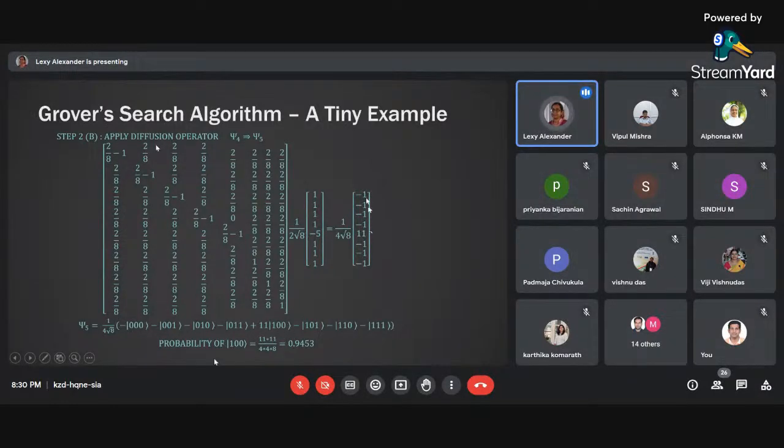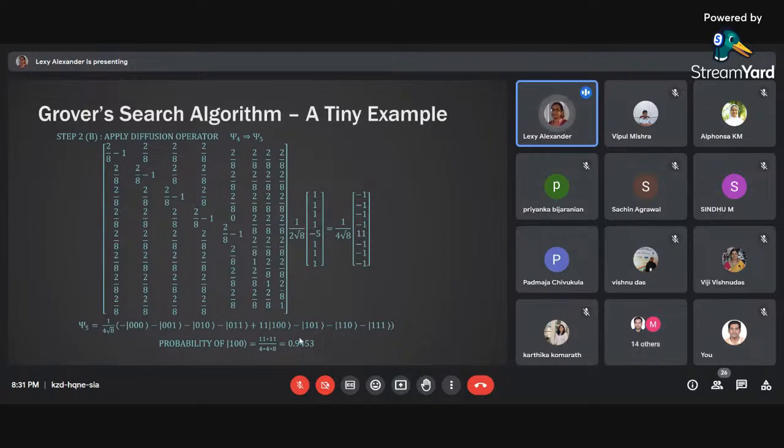So now the probability of measuring 1,0,0 is its modulus amplitude squared. So 11 by 4 square root of 8, the whole squared, which becomes 0.9453. For the other states it is again reduced to 1 by 16 into 8.